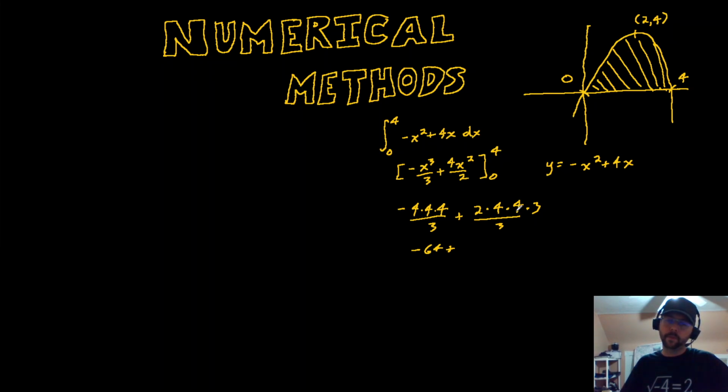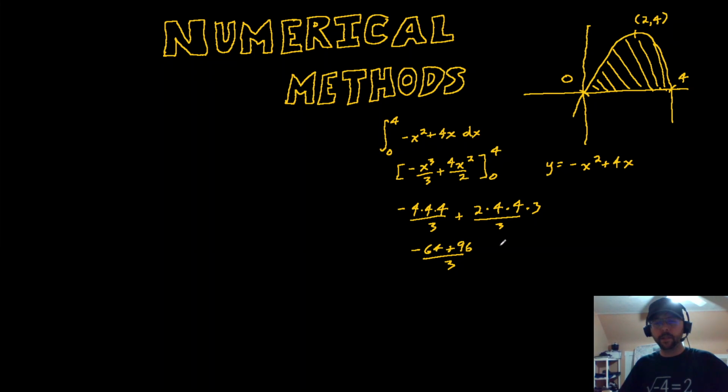12 times 4 is 48. That's not going to be the way I want to do that. Let's try this way. 8 times 4 is 32. 3 times 3, that's 96. I like that better. So we got 96 over 3.